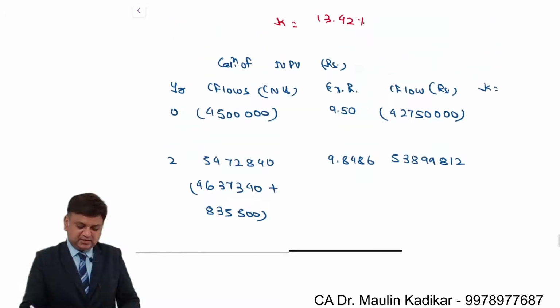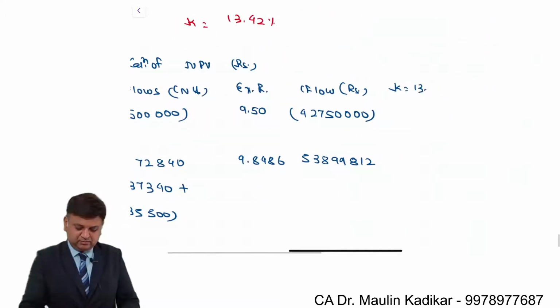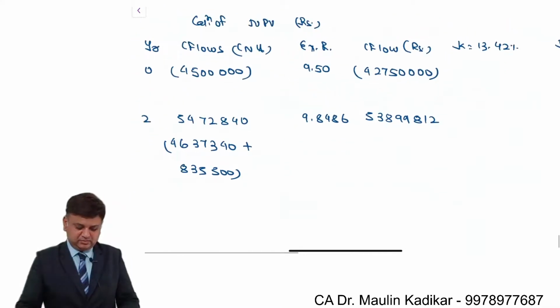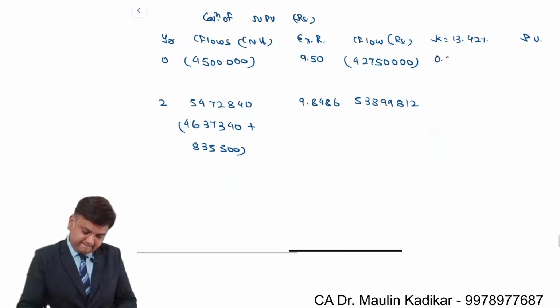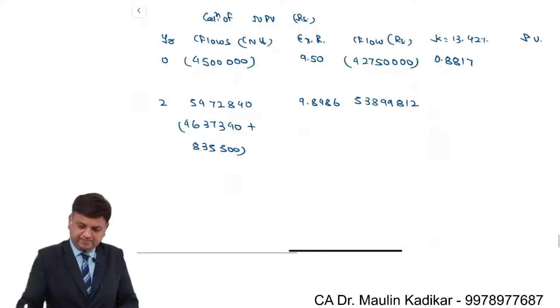It is discounted at 13.42, and present value factors are 1.1342, 0.8817, 0.7774.